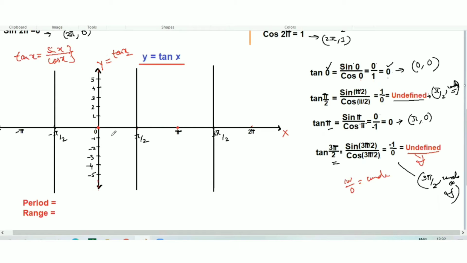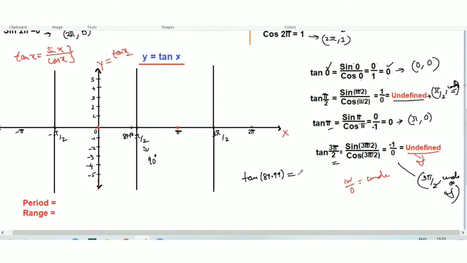How to draw the graph here? When we get tan π/2, we will get nothing here. This is 90 degrees. Let's try to get, say, 89.99. Let's try to find it out. What is tan 89.99?